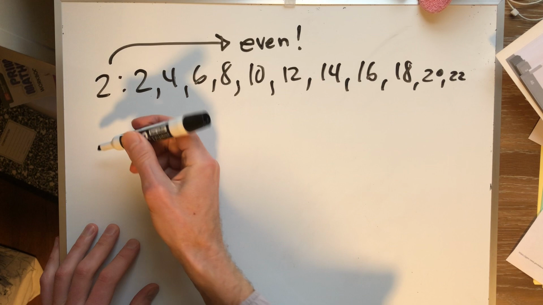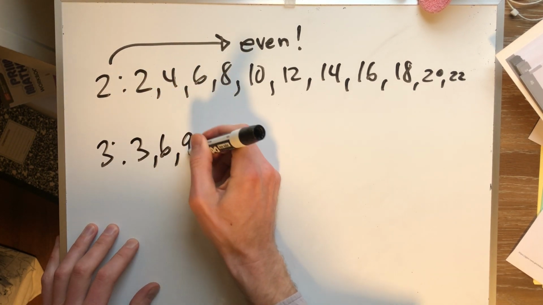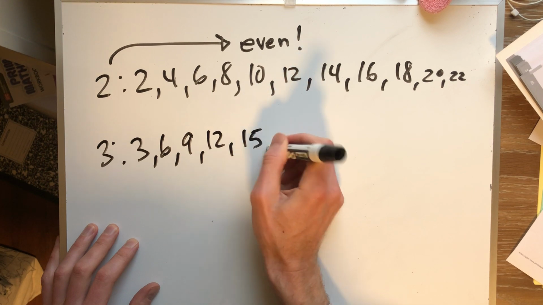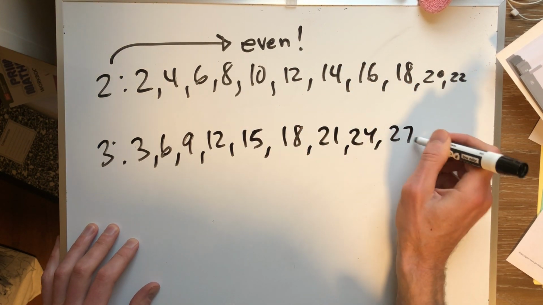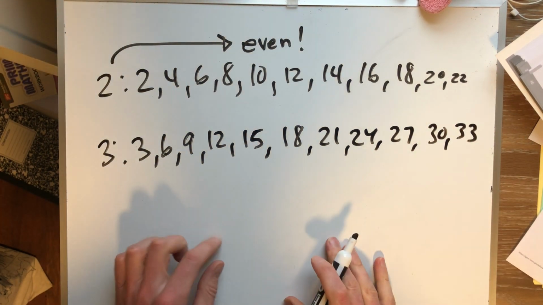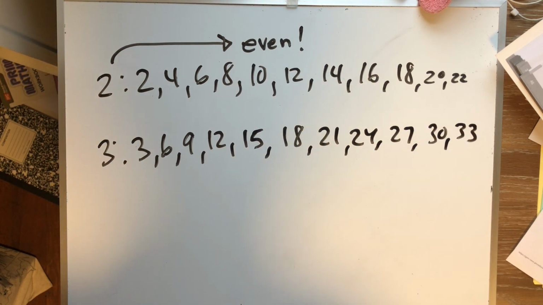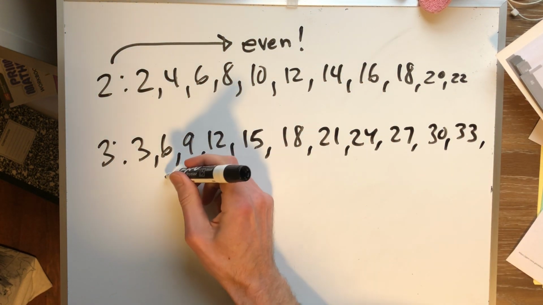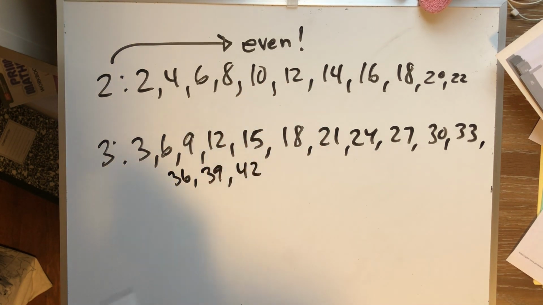What about 3s? Let's look at 3s. 3, 6, 9, 12, 15, 18, 21, 24, 27, 30, 33. Do you notice any pattern here? I'll keep going. 36, 39, 42.